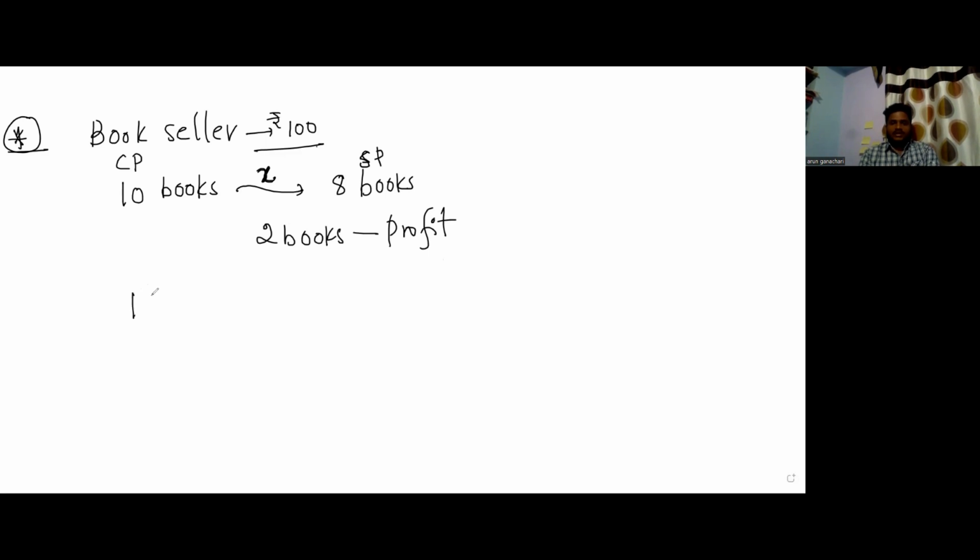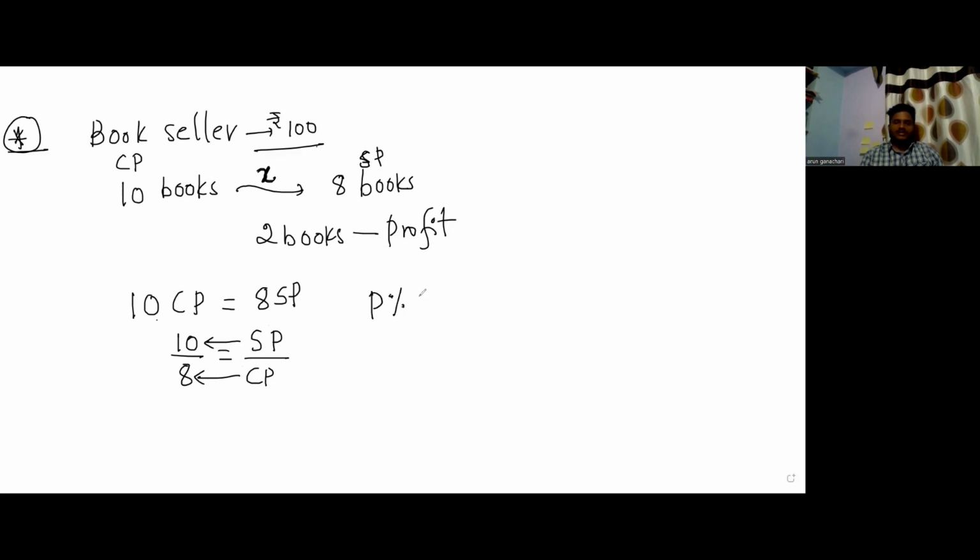How to solve these kinds of questions? See here. 10 books cost price is equal to 8 books selling price. If we rearrange it, 10 by 8 is equal to SP upon CP. So I can directly correlate: SP is 10, CP is 8.